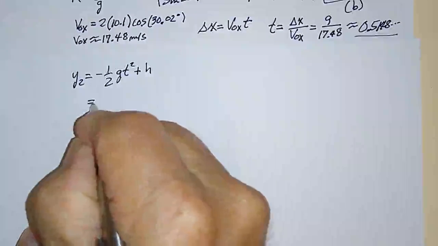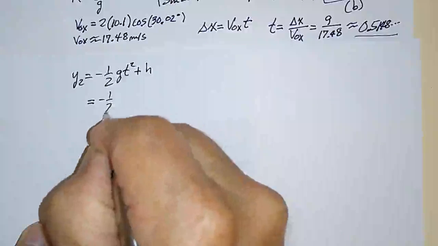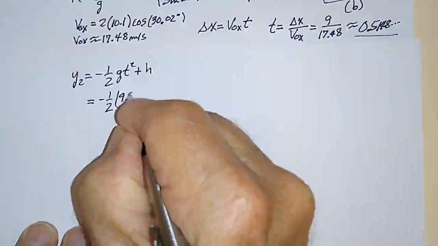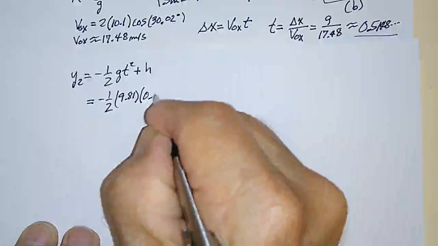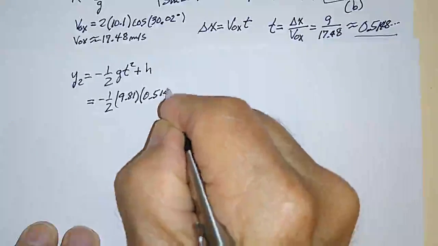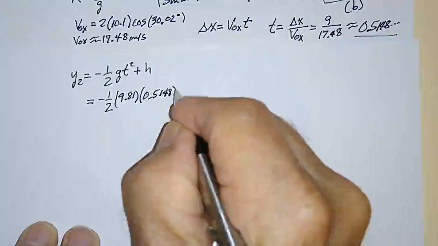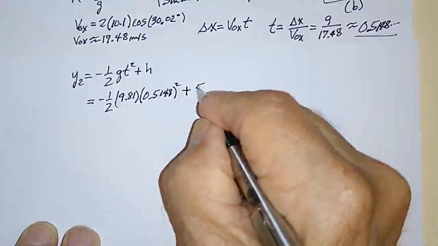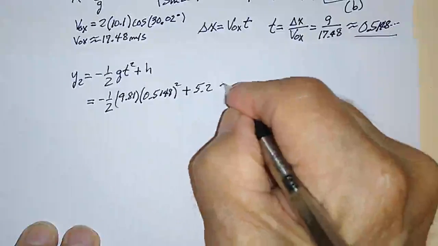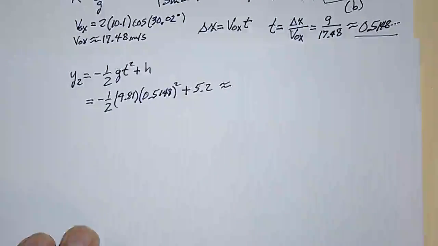So that's equal to minus 1/2 g, which is 9.81, times t, which is 0.5148 plus some other digits squared, plus h, which is 5.2, and that, let's see what that works out to be.